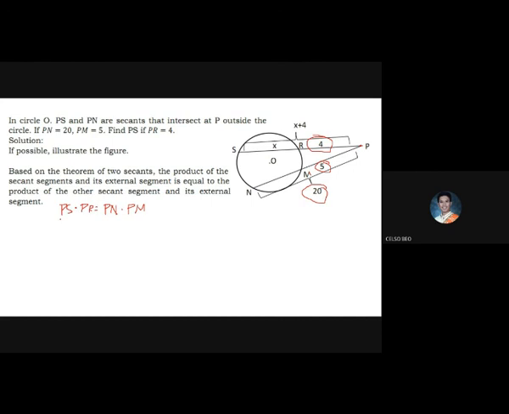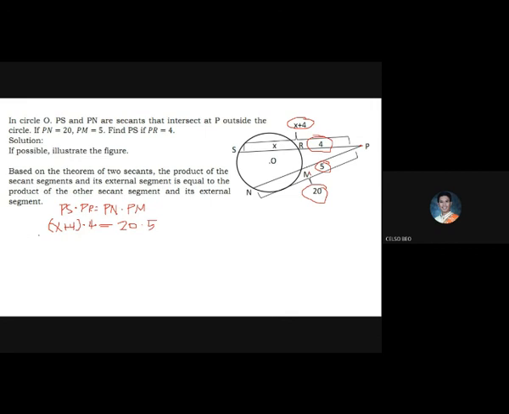Ngayon, sa PS natin, ang value ng PS na meron tayo ay x plus 4. So we have here x plus 4 multiplied by yung PR natin ay 4 equals PN natin ay 20 times ang PM naman natin ay 5.